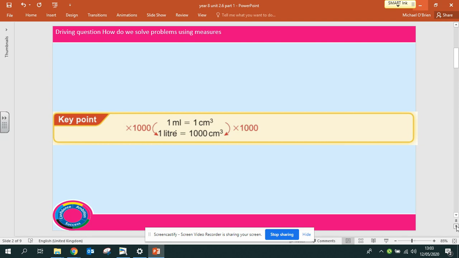So 1 liter is the same as 1,000 cubic centimeters. So that's a cube, 10 centimeters by 10 centimeters by 10 centimeters. So that's the size of a liter.